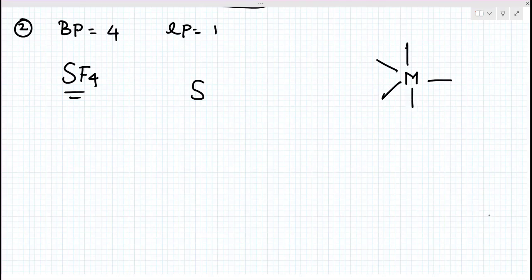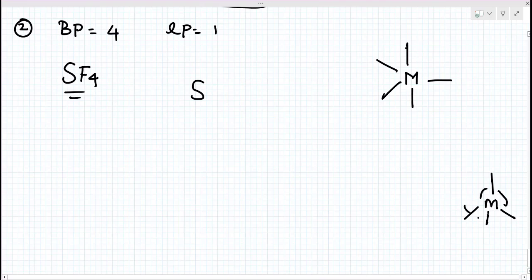Listen. In tetrahedral, 1, 2, 3, 4, all bond angles are the same, 109 degrees 28 minutes. Whenever all bond angles are the same, we can put the lone pair in any position, so if you remove any bond pair, we can put the lone pair.